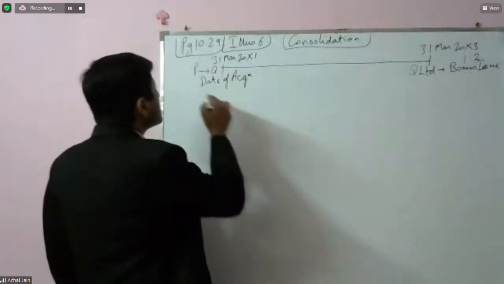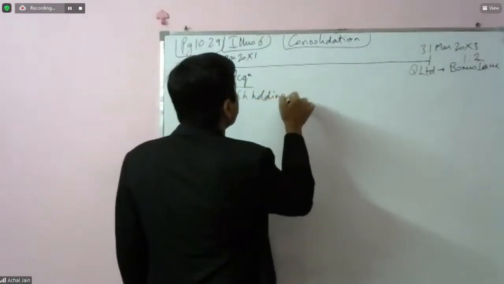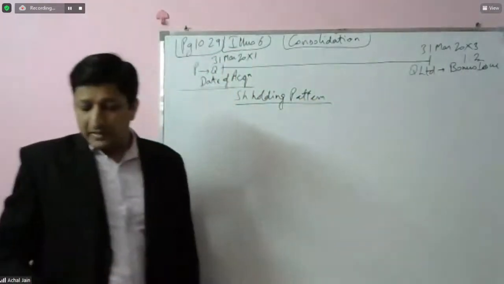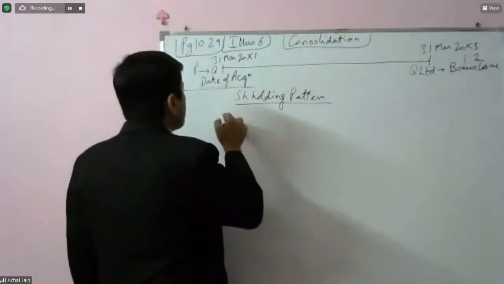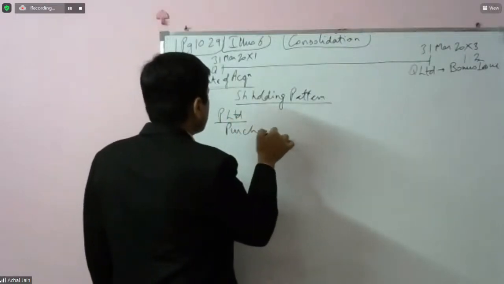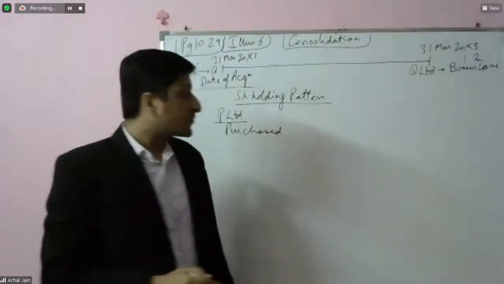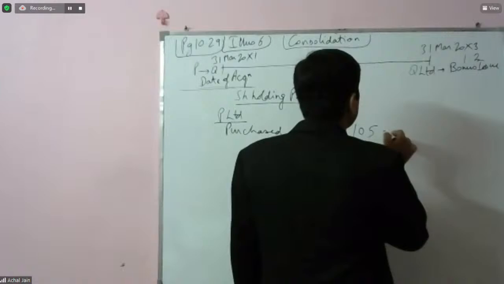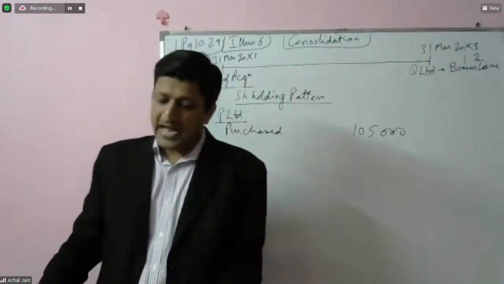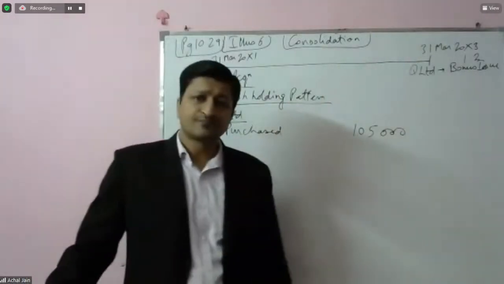If we look at the shareholding pattern, what do we see? P Limited purchased, on 31st March X1, 1,05,000 shares. These were the shares which P Limited purchased. And the bonus issue is in the ratio of 1:2.